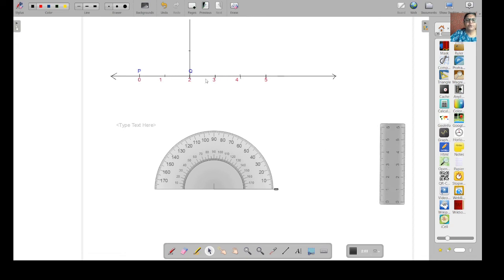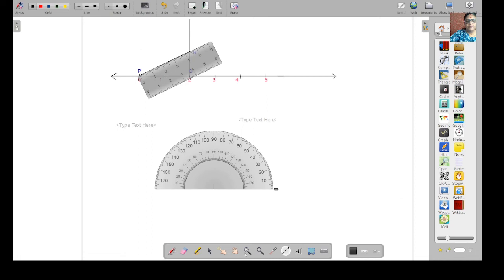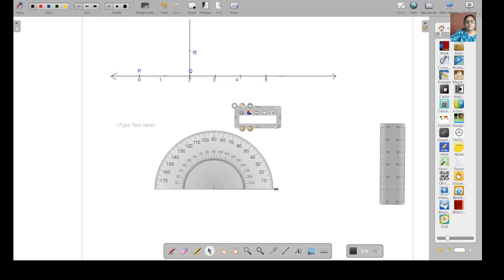Now name that point as R. Now PQ is equal to 2 units and QR is equal to 1 unit. Now you need to join PR.